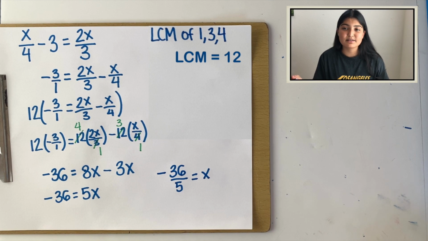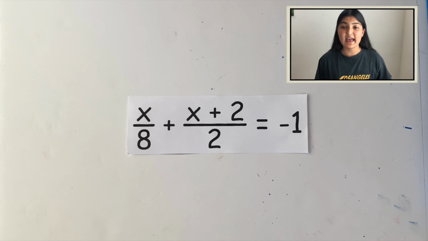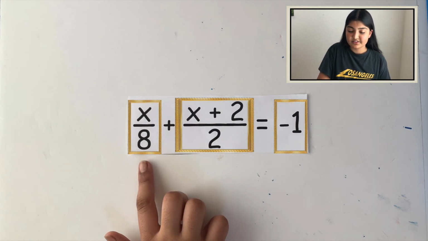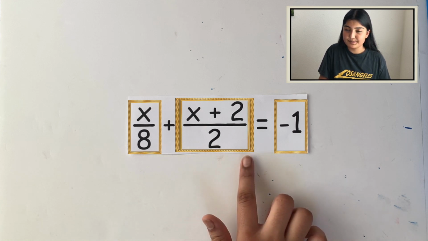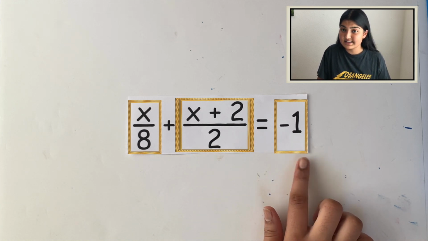Let's look at a more complex example. Here we have another equation. And in this equation, there are 3 terms. This term, and this term.